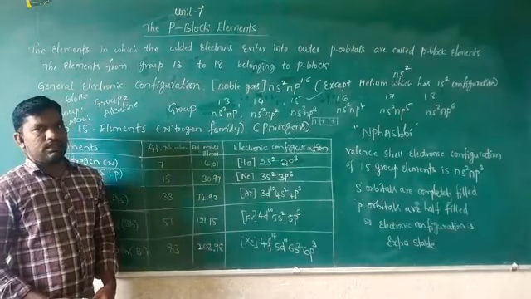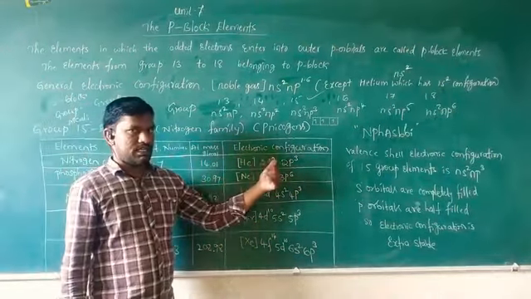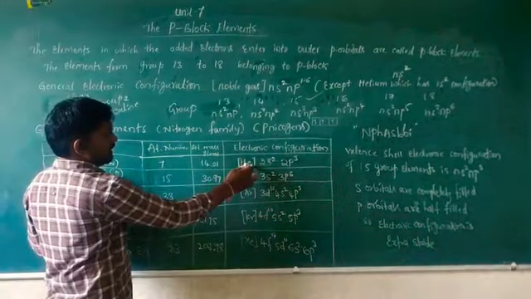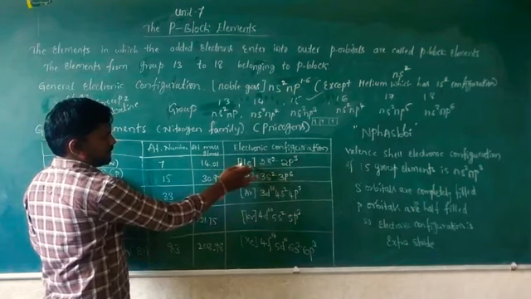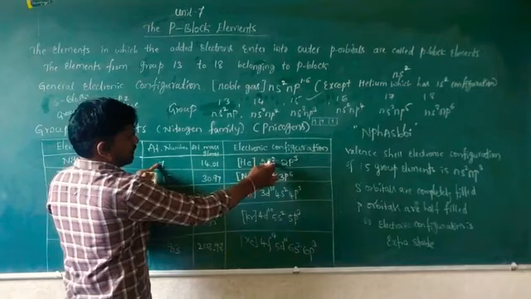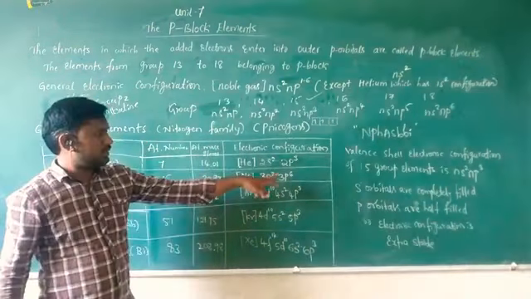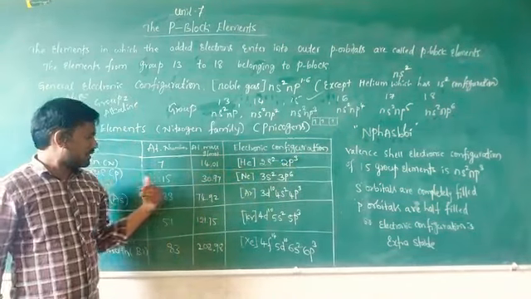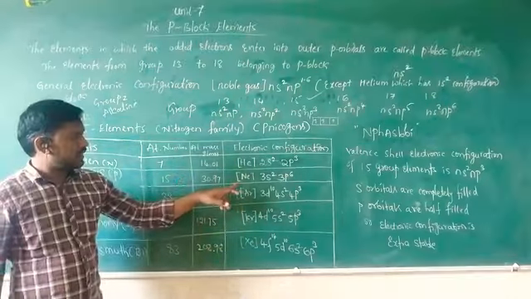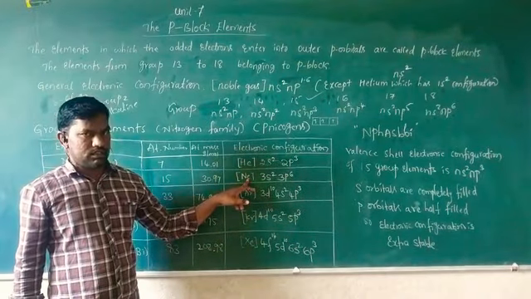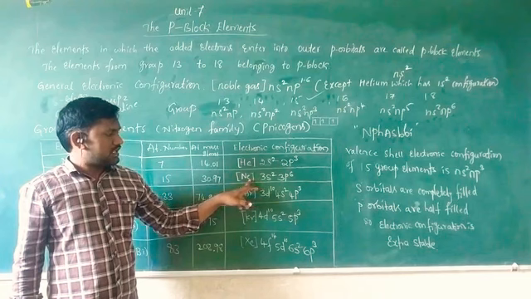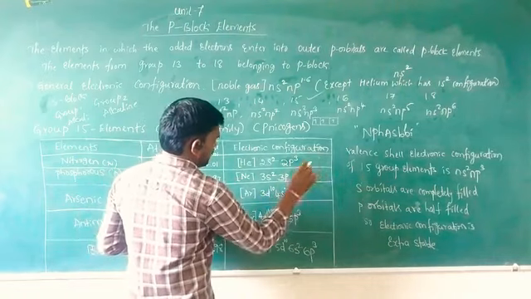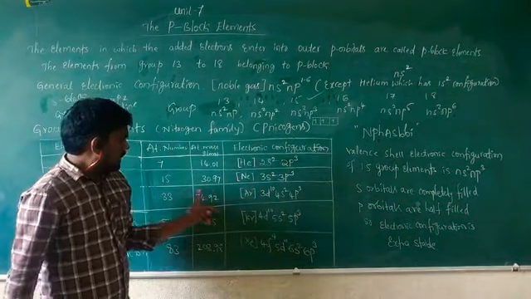The general electronic configuration of the nitrogen family members: nitrogen, helium followed by 2s2 2p3. Phosphorus, atomic number 15, neon followed by 3s2 3p3.